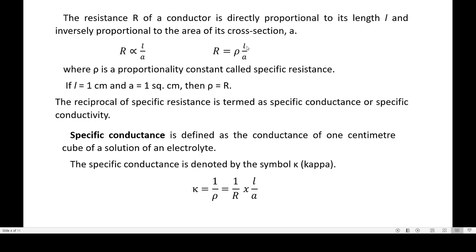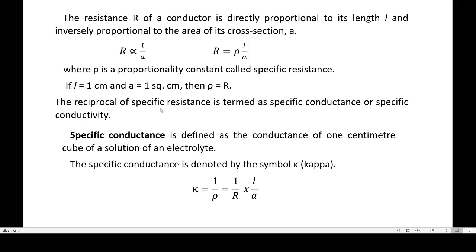So if length is 1 centimeter and area is 1 square centimeter, then resistance will be equal to specific resistance. So specific resistance is the resistance offered by a conductor of unit length, 1 centimeter, and area of 1 square centimeter.